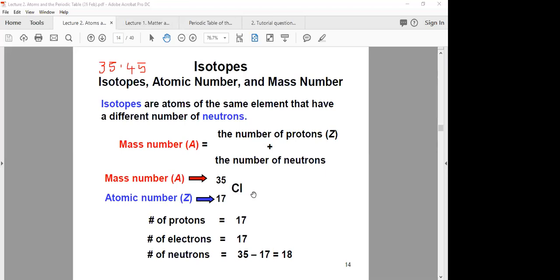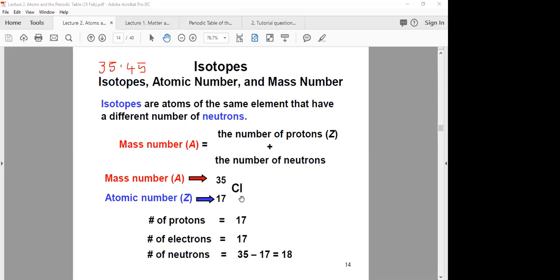Once you know that the atomic number of a particular element, in this instance chlorine, is 17, and you know the mass number, which is 35, because we rounded down that 35.45, then you can determine the number of protons, the number of electrons, and the number of neutrons for any given element.